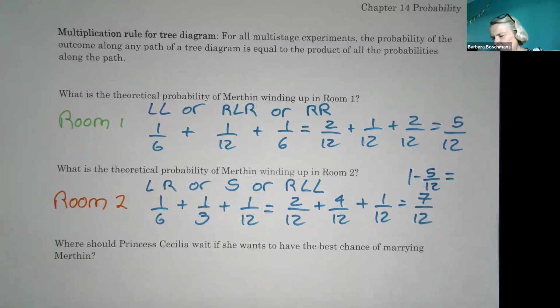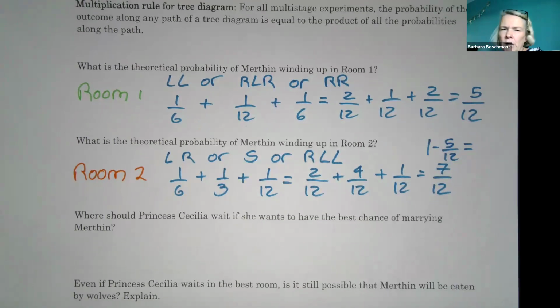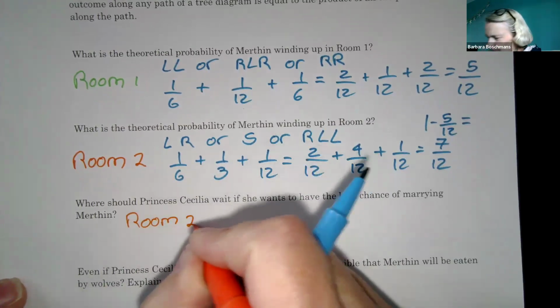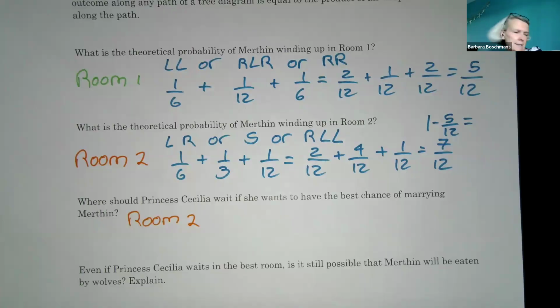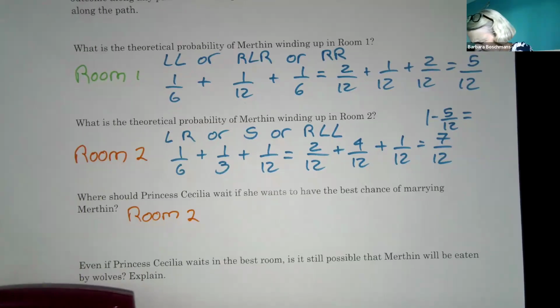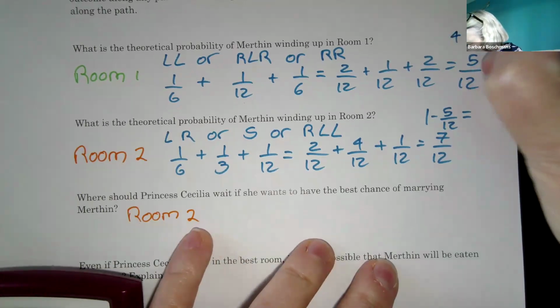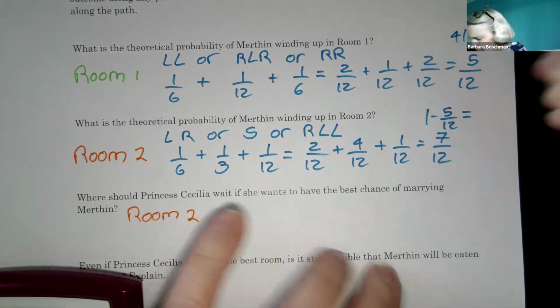So where should she wait based on the theoretical probability? Well, she should wait in room 2. If we do percents again, let me find my calculator. It's always easier. So this is my 41.6% chance.